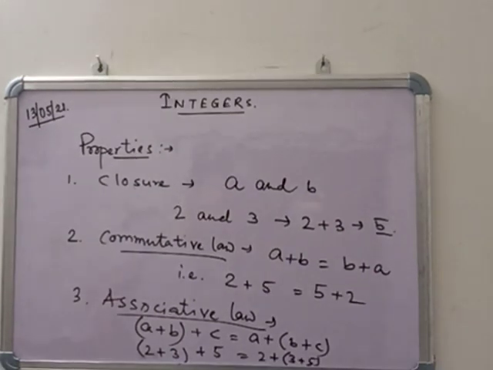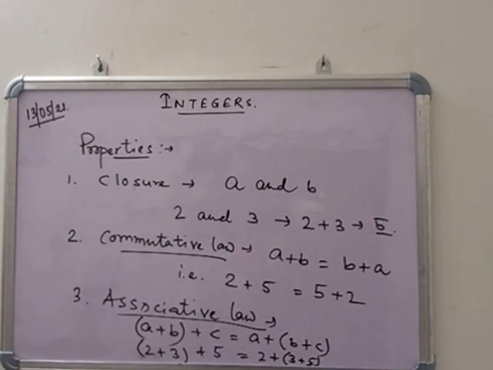And similarly, 2 plus 3 plus 5, that means 2 plus 8 equals 10. So both are equal here. So in associative law we are following the integers property in addition. You can choose any numbers for A, B, C and try on your own.